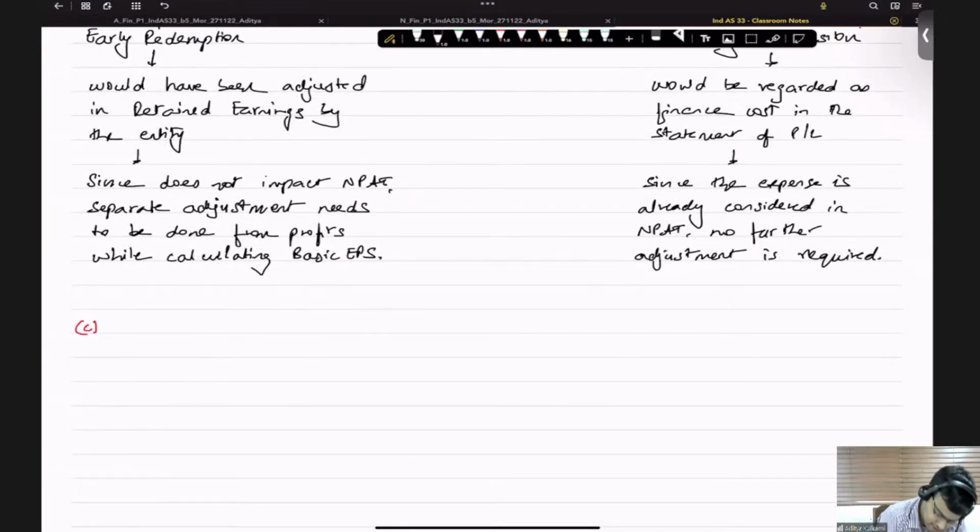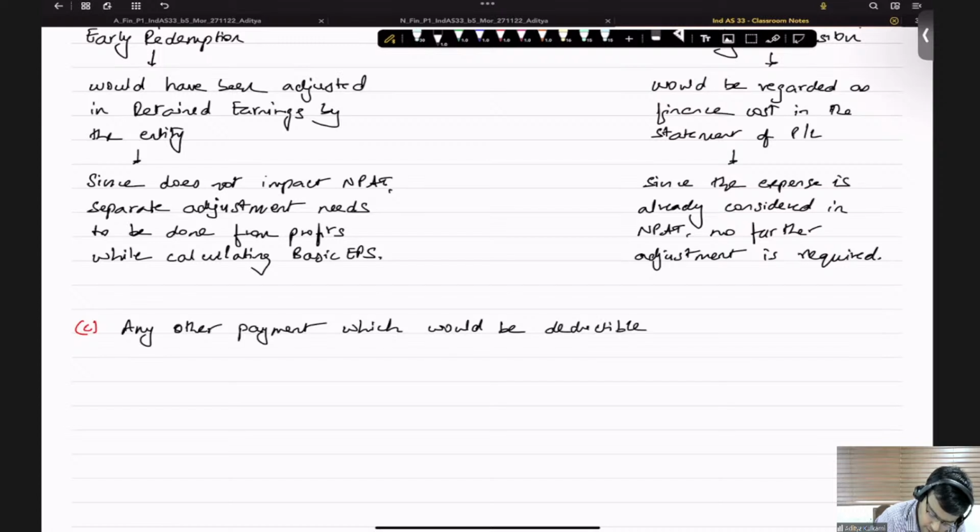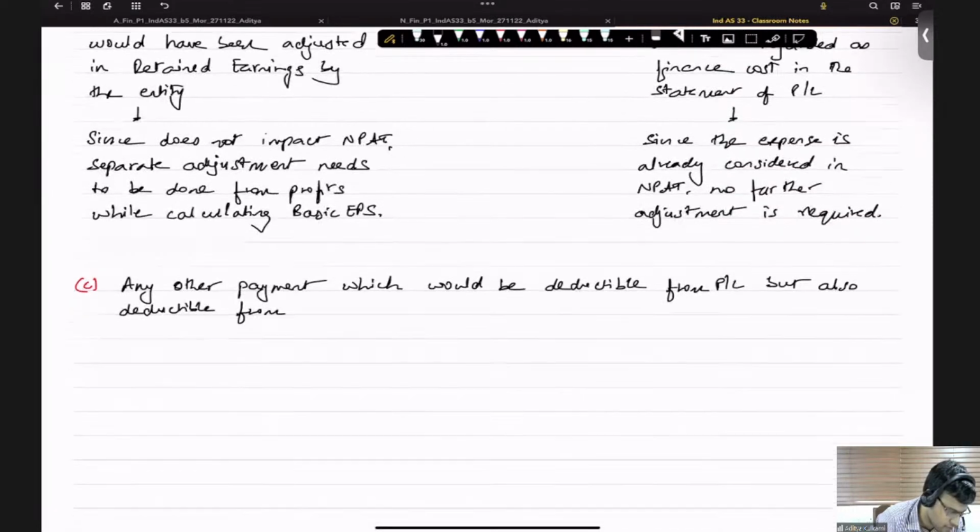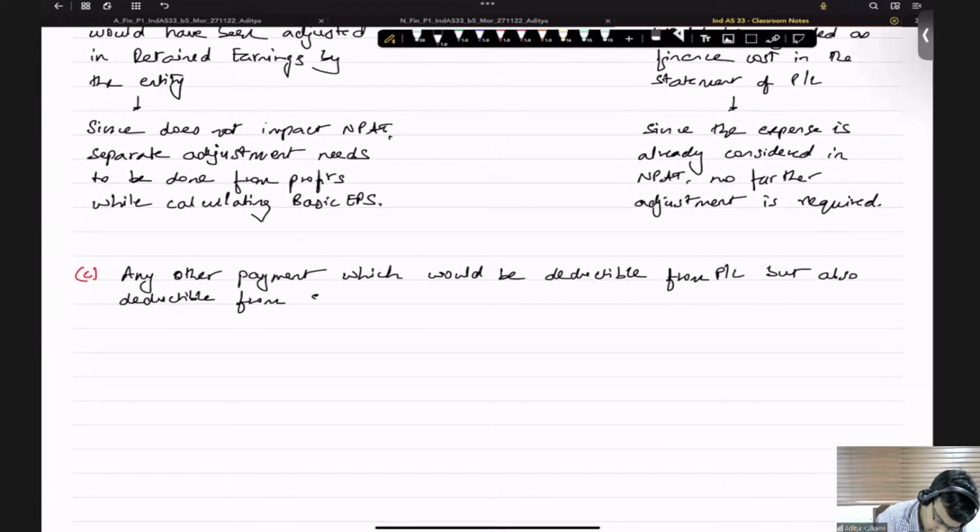Third one is any other payment which would be deductible from P&L, but also deductible from securities premium.